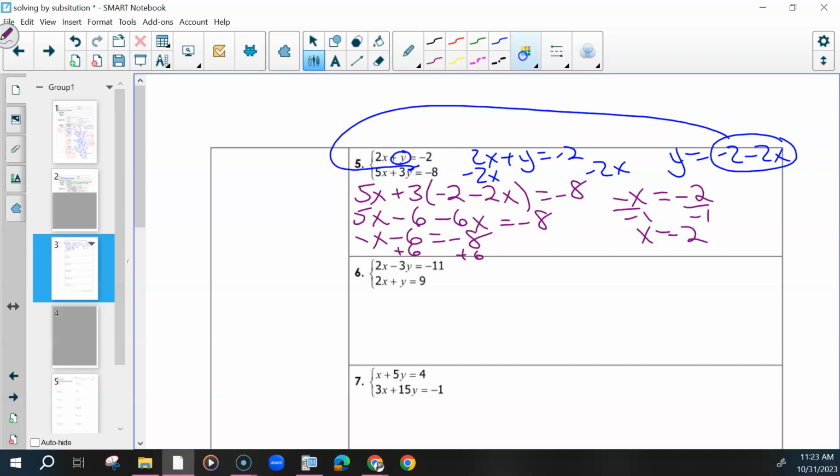And then we have to go back and find our y equation, or find y from our y equation. So put your x back in your y equation. You could really put it in any of the 3, either of the 2 originals, or this one. And simplify.